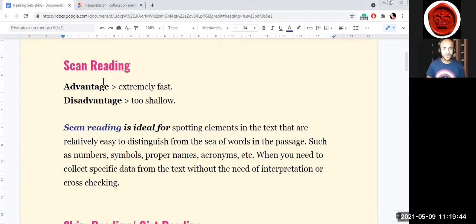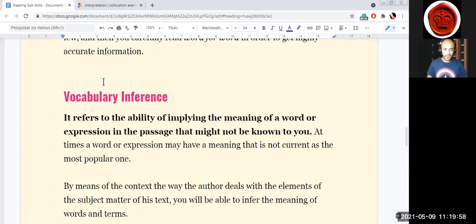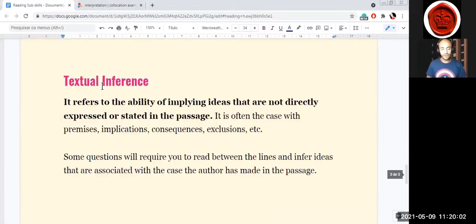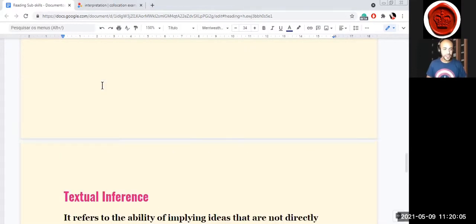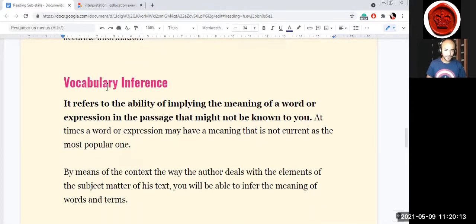The first group refers to the speed, or the level of profundity, at which you read any given text, and the second is the interpretation group, in which you deal with the interpretation of vocabulary and text. These 2 are a very simple subject. That's why I expect to record this video class in just 15 minutes, right?